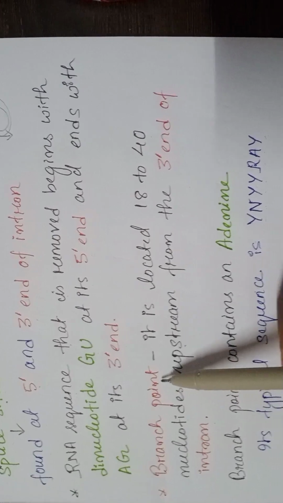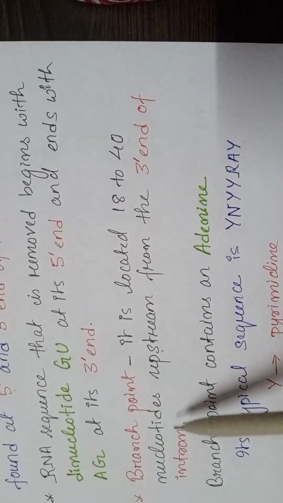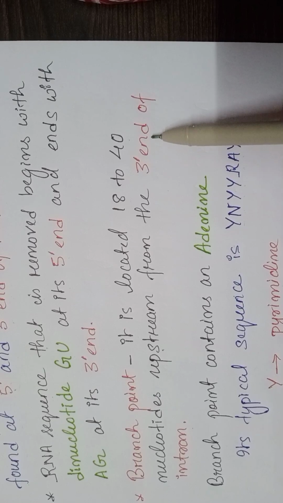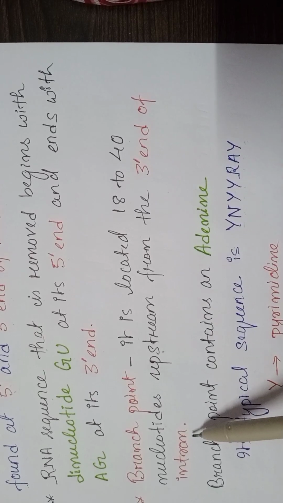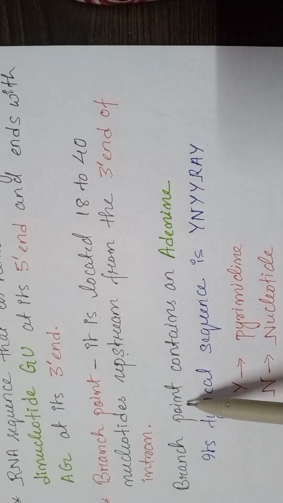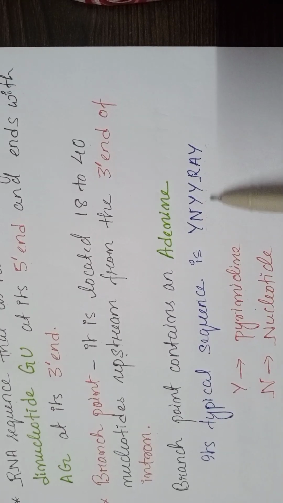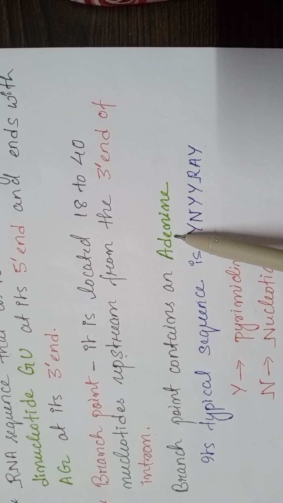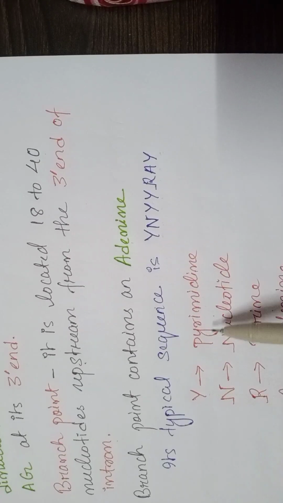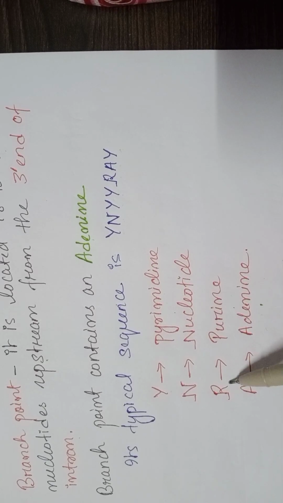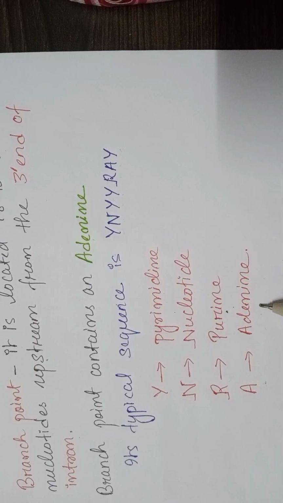The branch point is located 18 to 40 nucleotides upstream from the 3' end of the intron. This branch point has a certain sequence, YNYYRAY, and it contains adenine. Here Y stands for pyrimidine, N for nucleotide, R for purine, and A for adenine.